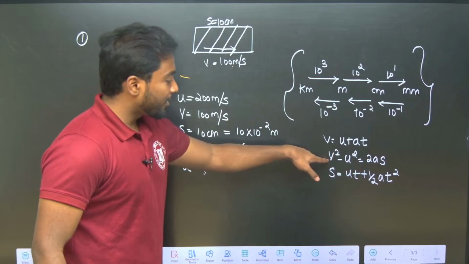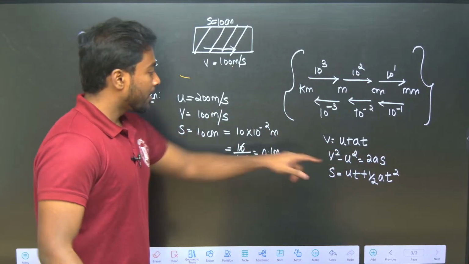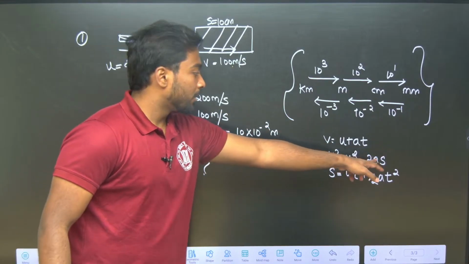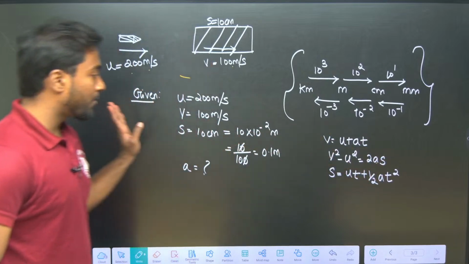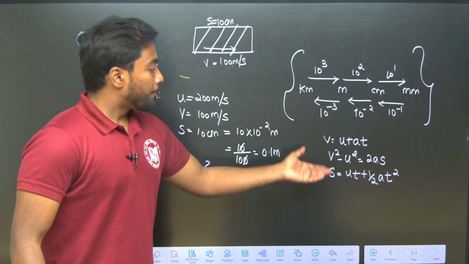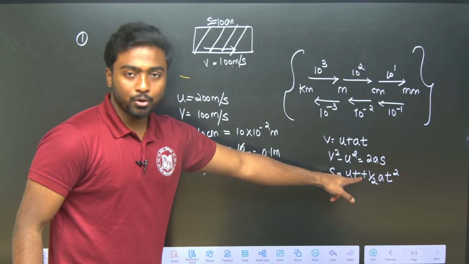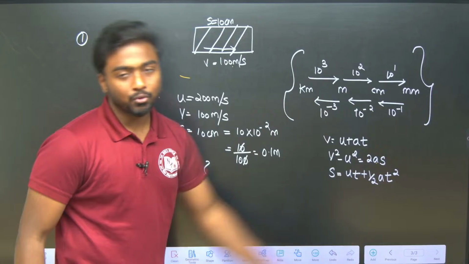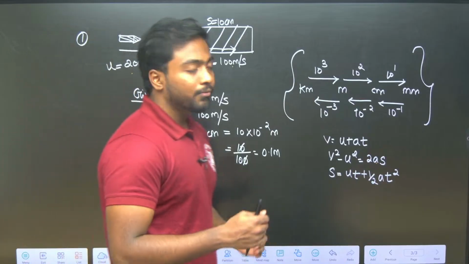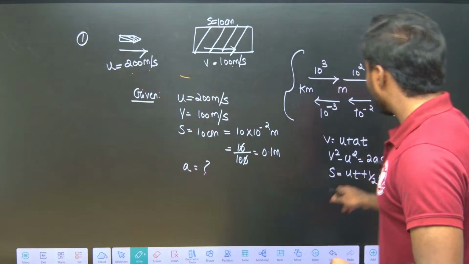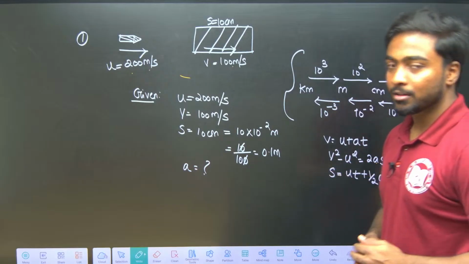When I talk about the second equation, v is there, u is there, 2 is constant, leave that out, a I need to find, s is also given. So I can use the second equation. Before that, we will see what the third equation is also. s is given, u is given, t is not given, a is not given. So I can't use the first and third equation. I can use the second equation to find out the answer for this question.